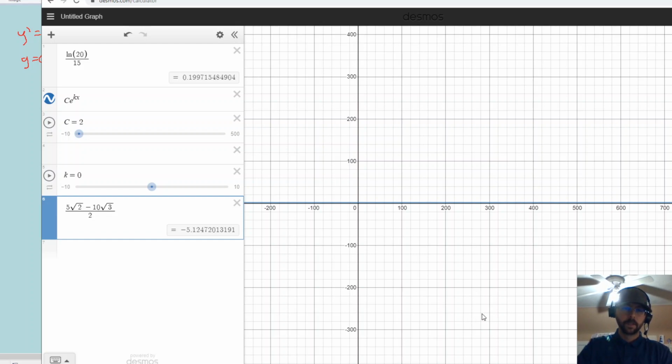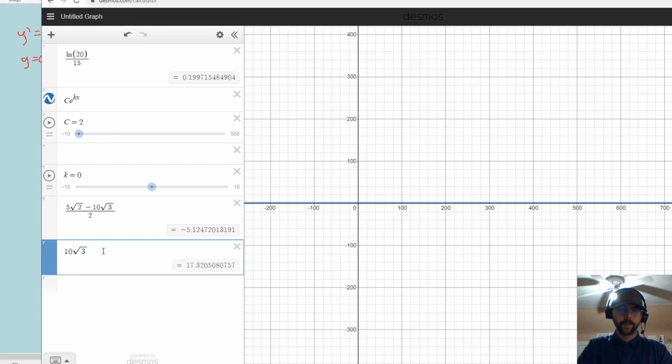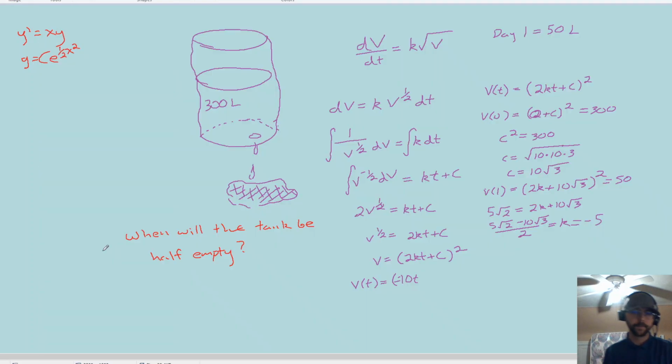C then is 10 times square root of 3, which we'll call 17. I keep the numbers kind of simple. Plus 17, squared. So now the actual question was, when will the tank be half empty?